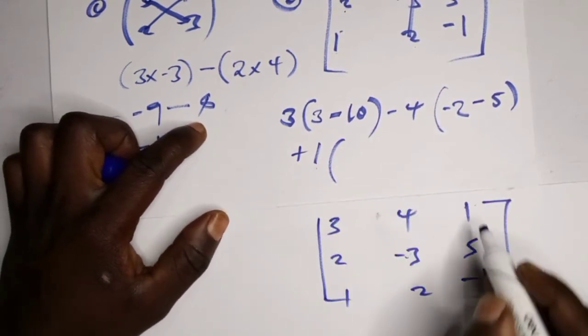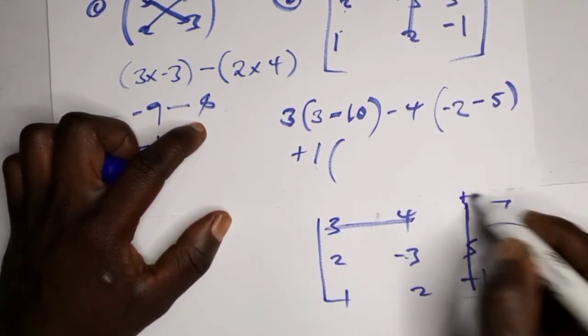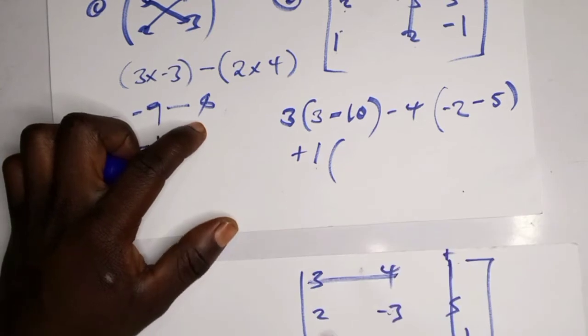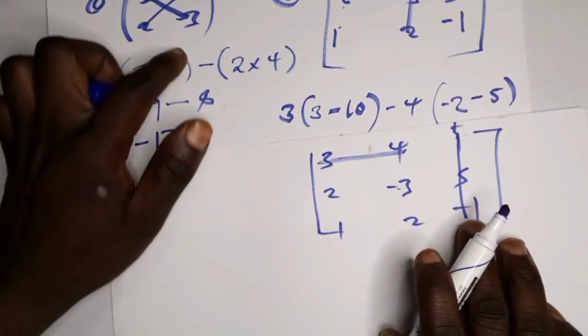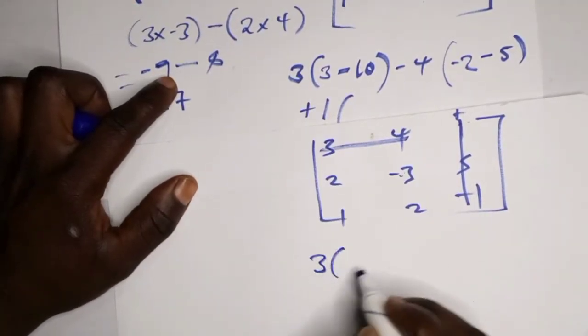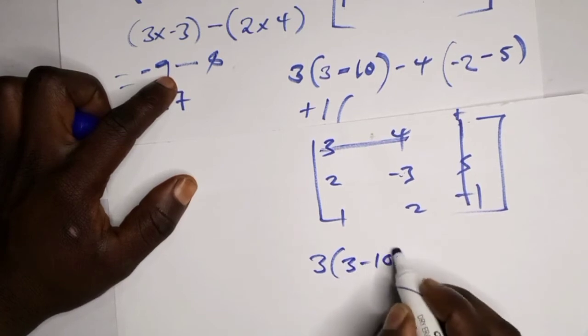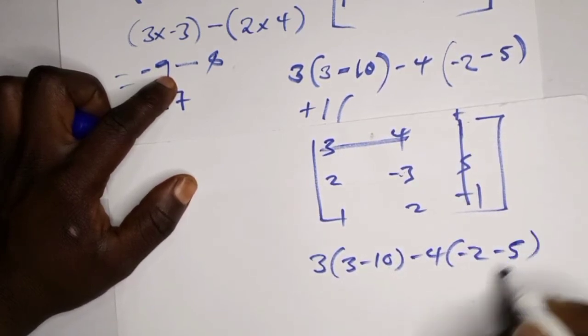So now we are crossing the last row. We are going to cross this one. Here is positive and here is 1, so we are going to remain with it. So here we have 3 times minus 10, minus 4 times minus 2 minus 5.